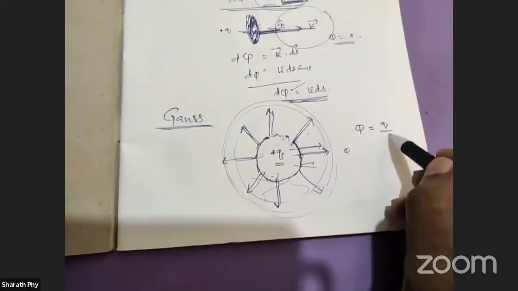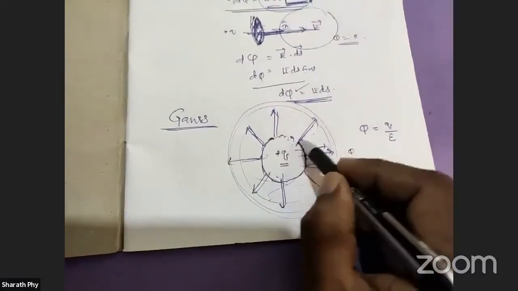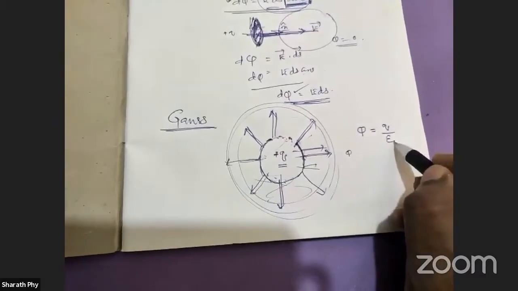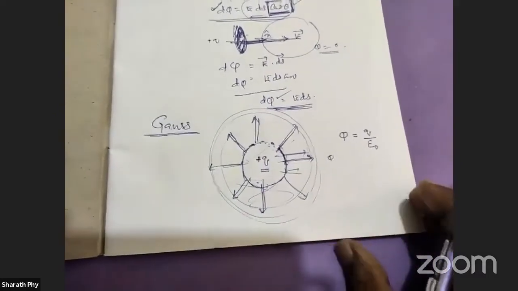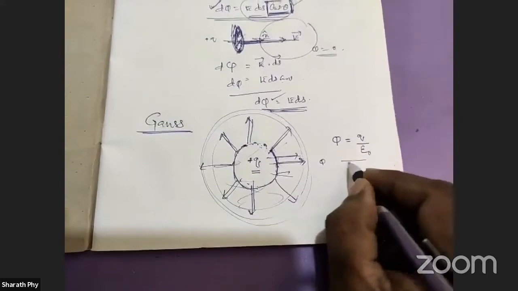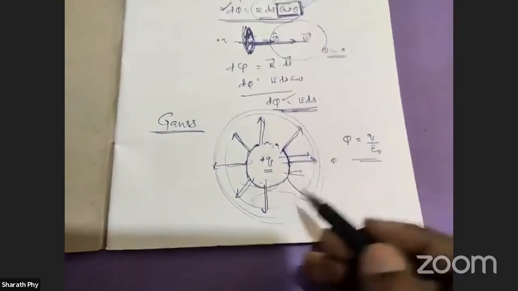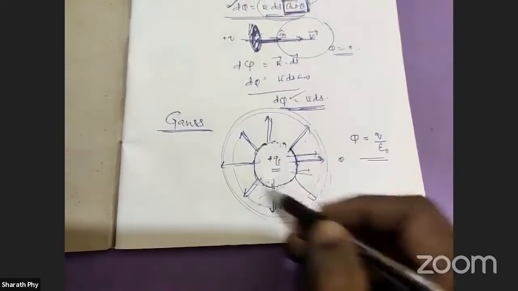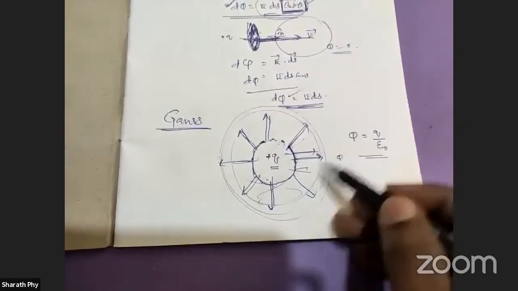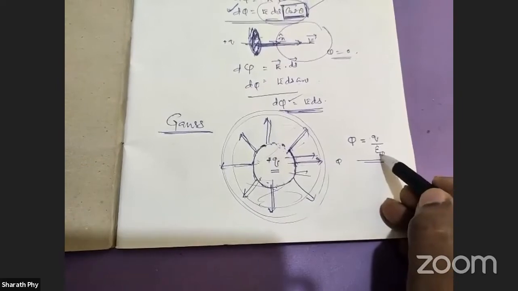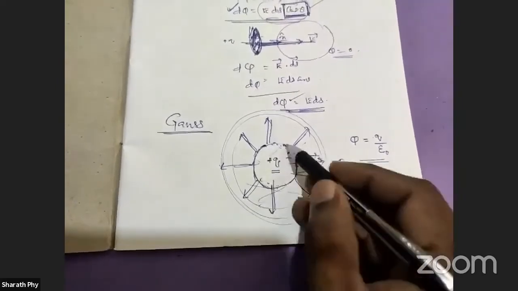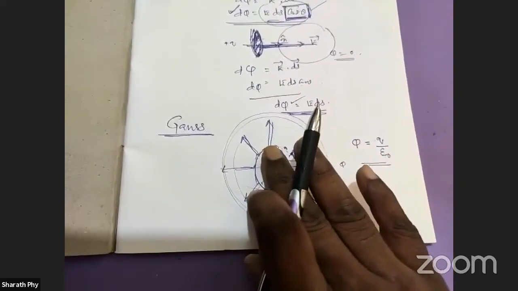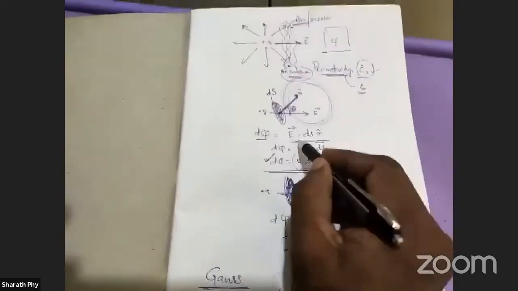So it is divided by the permittivity, and since air and vacuum are there, it is the permittivity of free space. This is what Gauss says. The Gauss statement is: the flux linked with a closed surface is equal to 1 by epsilon naught times the charge enclosed in this closed surface.